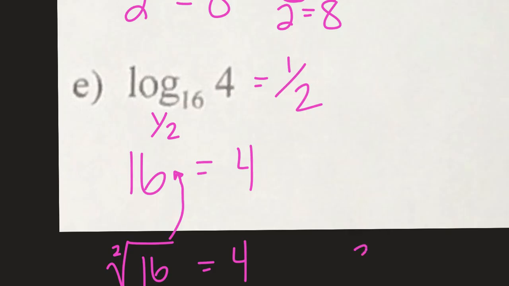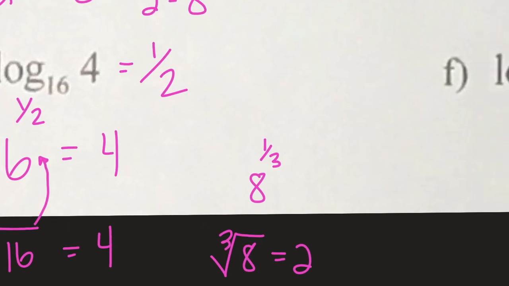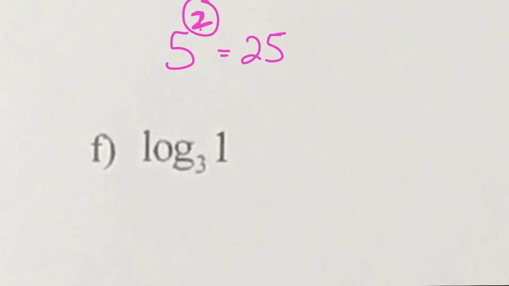What if we had the third root? That would be to the 1/3 power. Whatever the root is becomes the denominator of your fraction. So anytime we're taking a root, the answer is a fraction. Okay, 3 to what power equals 1? And that's 0.